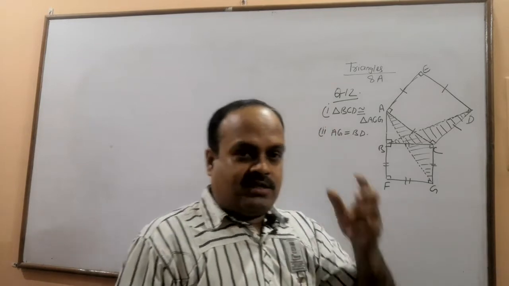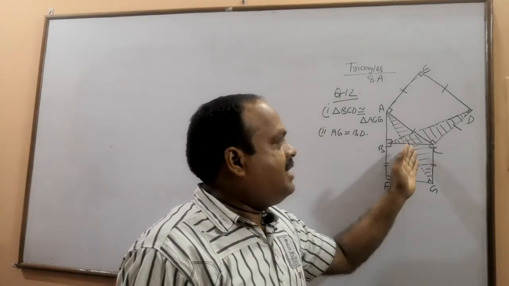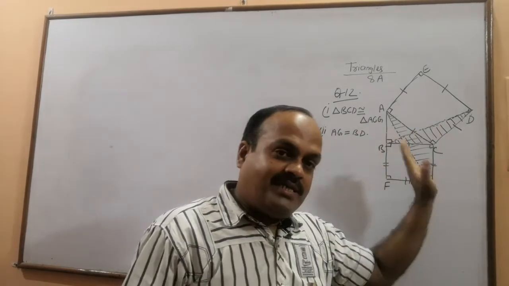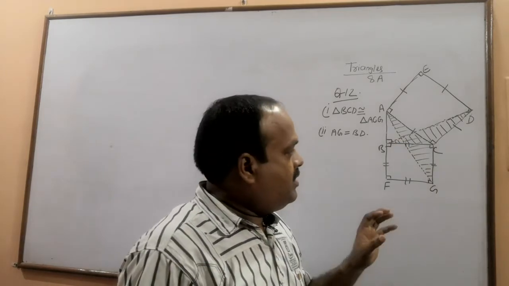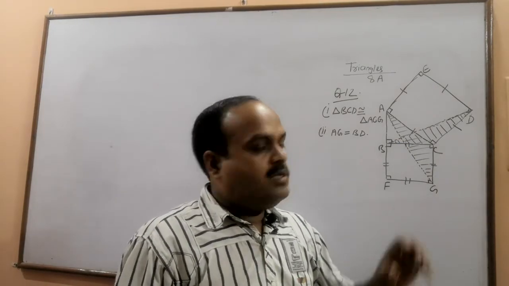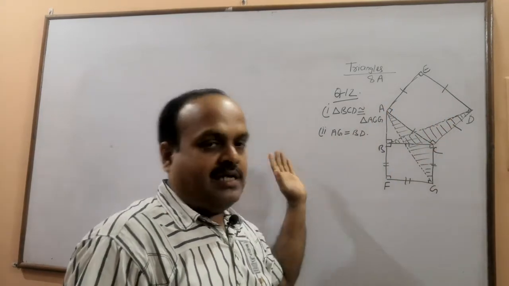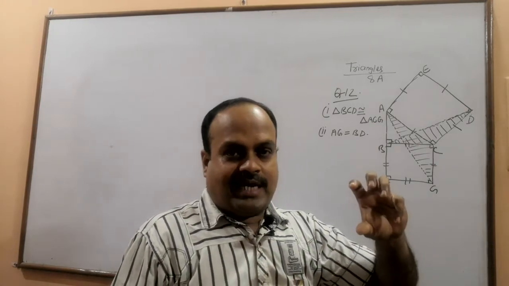So we will try to get one test in this triangle so that we may say that the triangles are congruent. So it will be better to draw these triangles separately to make it more understandable.